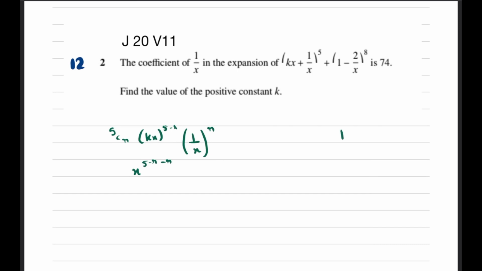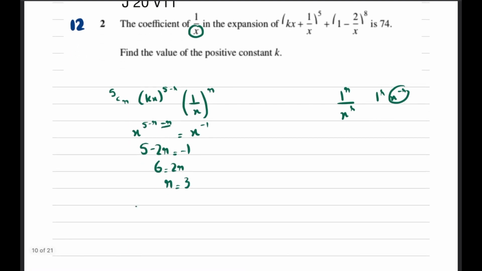How is that? If you see 1 upon x power r, when x comes in the numerator, it becomes minus r. That's why it's minus r. Is equal to what's required to us? The coefficient of 1 upon x means x power minus 1. So can I say that 5 minus 2r is equal to minus 1? So that's going to be 6 is equal to 2r. What's r? 3.